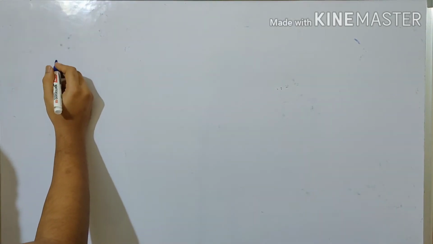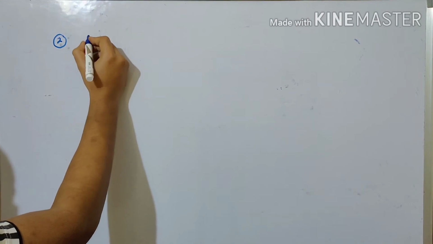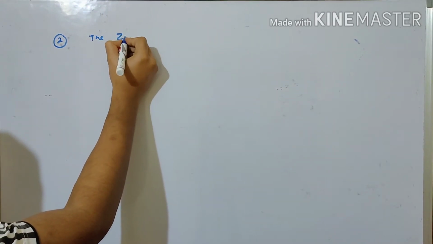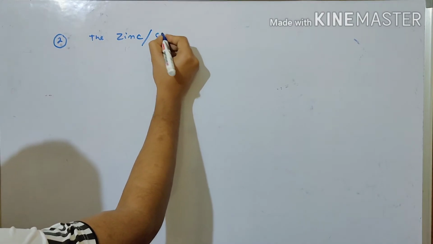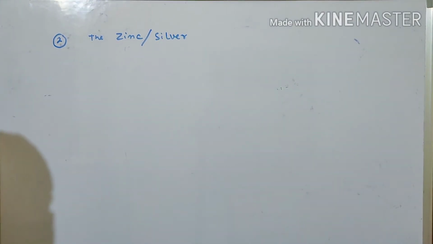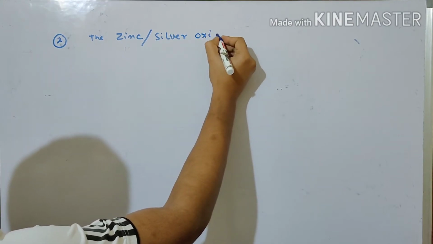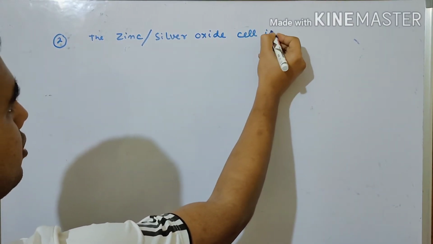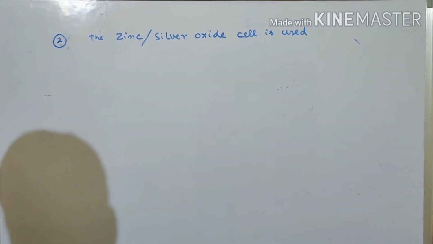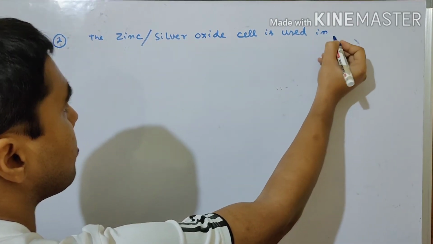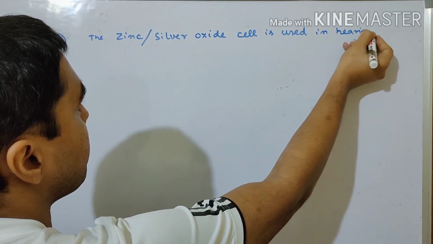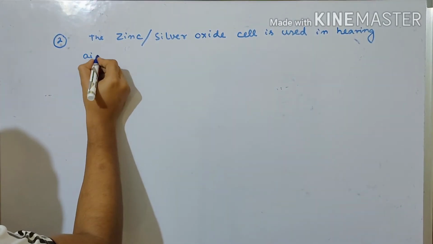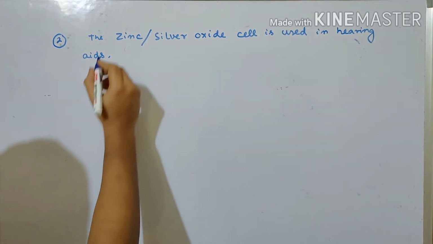Next question is, the zinc silver oxide cell is used in hearing aids. Well, that's new information, and electric watches.